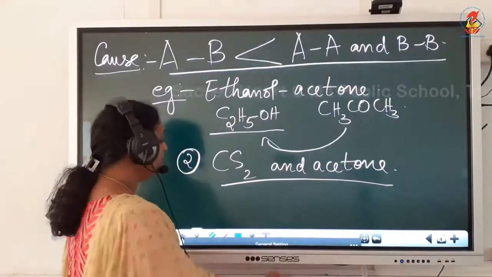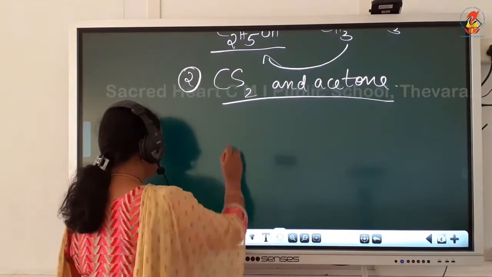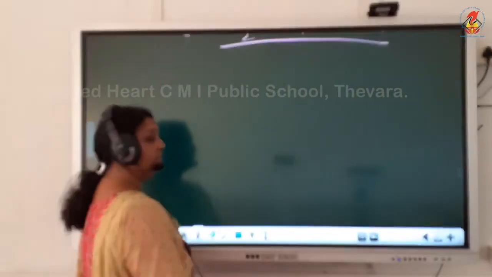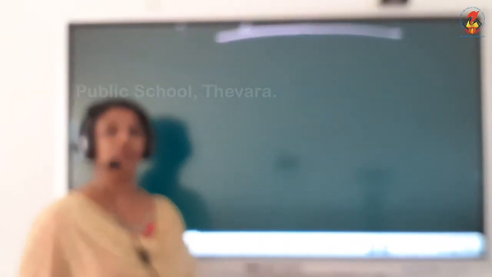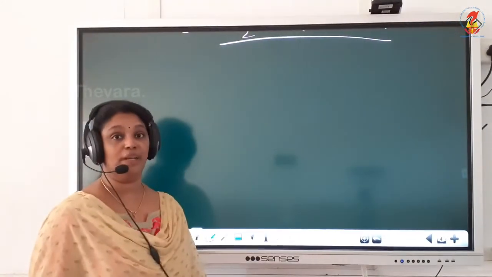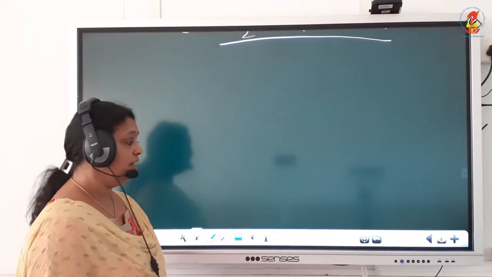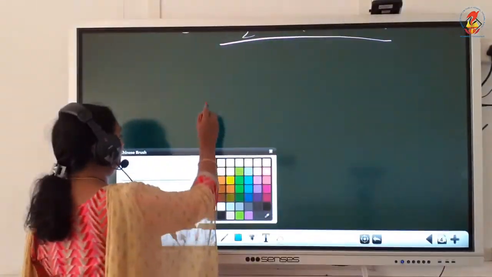Now when you draw the graph for non-ideal solution showing positive deviation from Raoult's law, we know that the graph of Raoult's law for a volatile liquid is the graph that is expected for an ideal solution. So I'm going to draw that graph again.